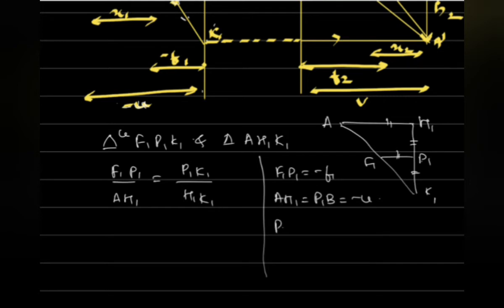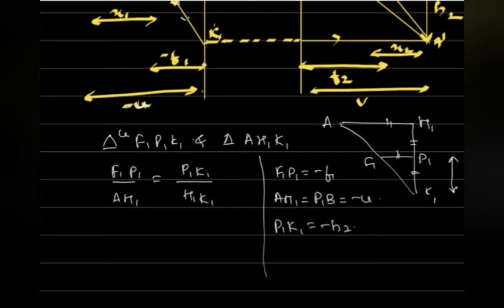So now what is the P1 K1? P1 K1 is minus of H2, because it is the height of that H2. That H2 is in the downward direction as well as below the principal axis.